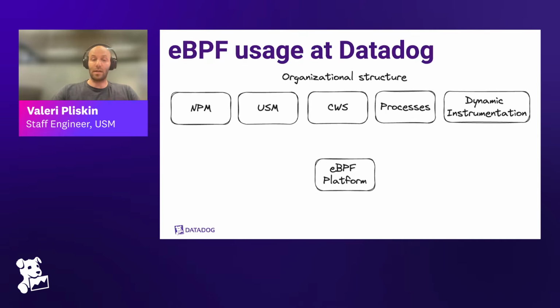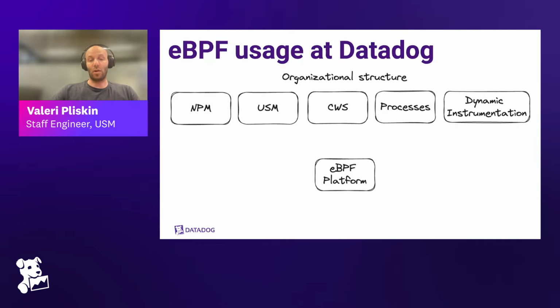There's a processes product that allows us to capture running processes and containers in the cloud environment to bring visibility to our customers. And as I said, last but not least, dynamic instrumentation, which is a dev tool, allows production debugging capabilities for developers of cloud applications, without needing to redeploy or change lines of code of the application.